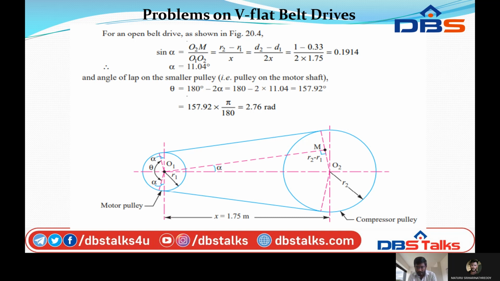These degrees will be converted into radians. 1 degree is equal to pi by 180 radians. Multiplying 157.92 into pi by 180, theta is equal to 2.76 radians. So this is the angle.